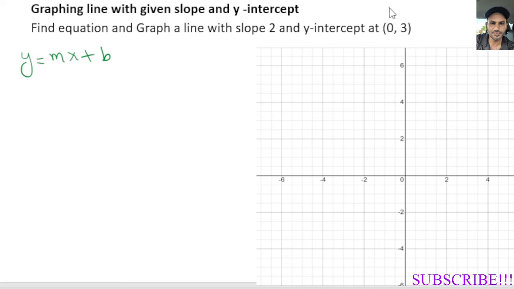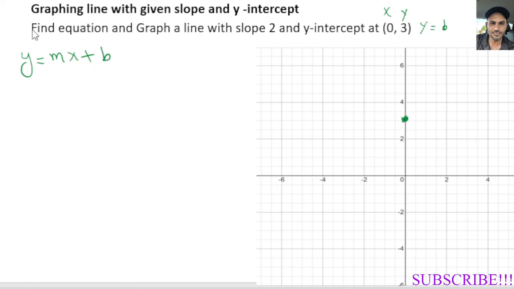So this is your x value, and this is your y value. So in the y-intercept, the y value is equal to b. I'm going to put this point right here on the line. It's going to be along the y-axis. So this is (0, 3). This is the y-intercept right here.